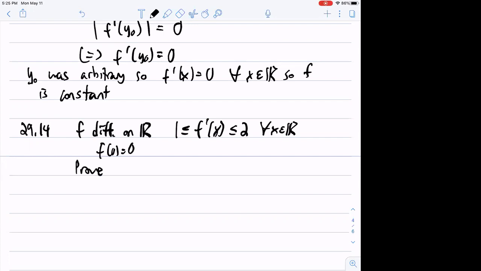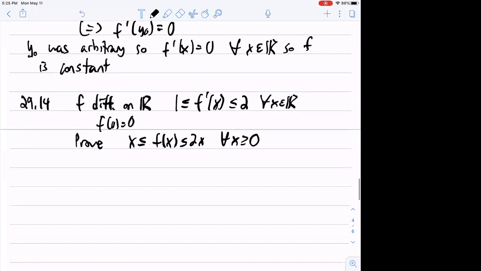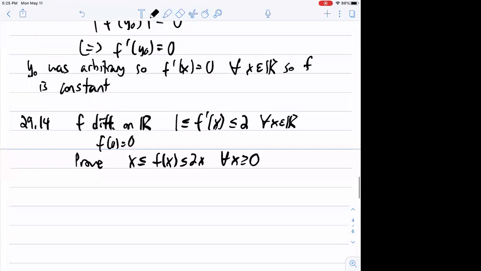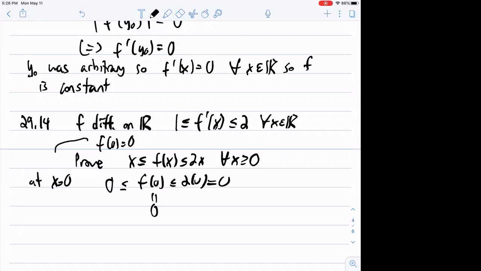So we want to prove x less than or equal to f of x less than or equal to 2x for all x bigger than or equal to 0. Clearly at 0 this is true, right? Because if I plug in x equals 0, I get 0, and certainly we're given that f of 0 is 0. So it's certainly true for x equals 0.